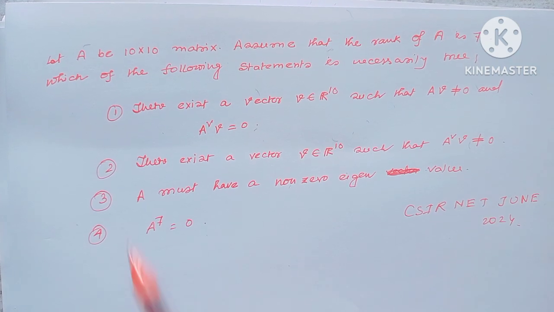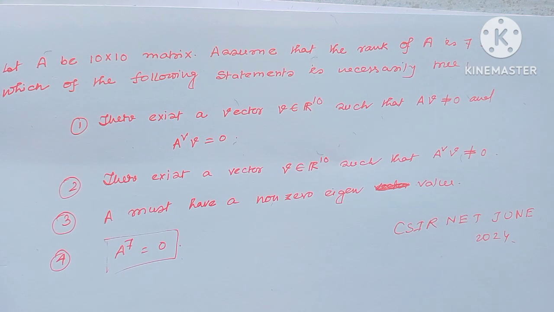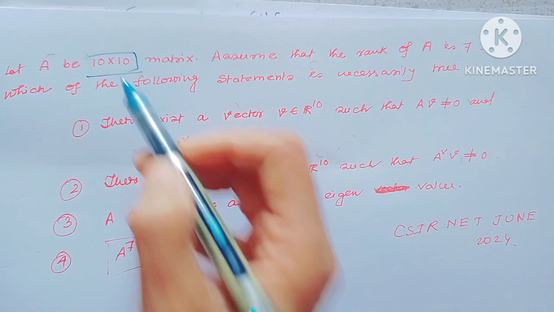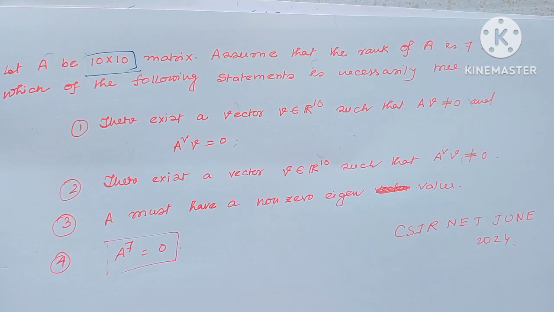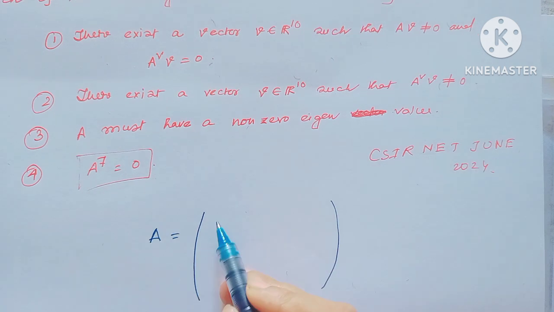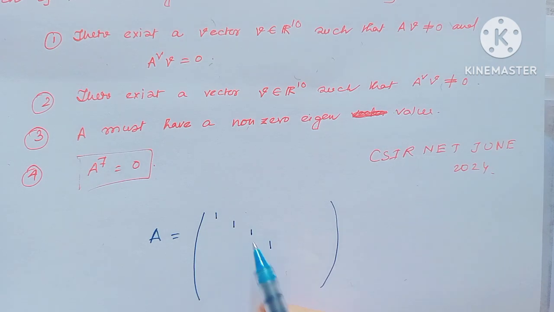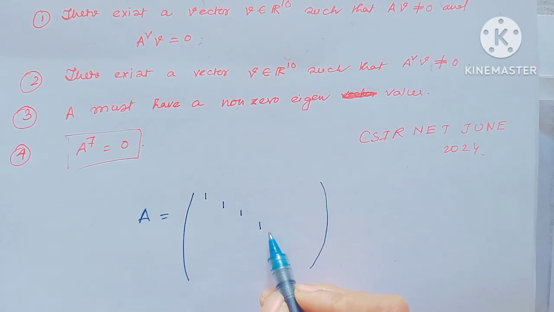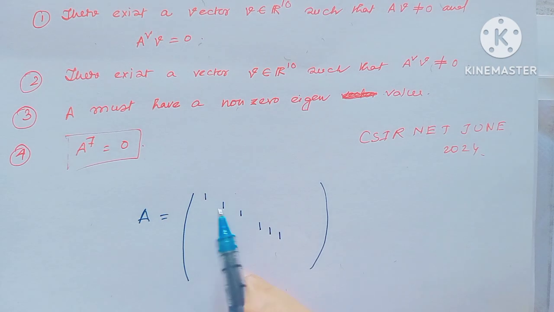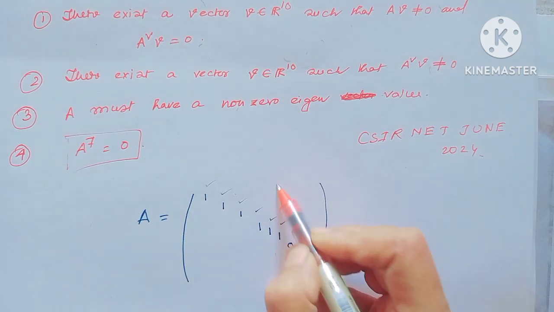First I will look at option 4. Here A is a 10 cross 10 matrix with rank 7. If we consider such a matrix, since A is 10 cross 10 and the rank of A is 7, take the diagonal elements to be 1 seven times, and the others 0, with the other part also 0.